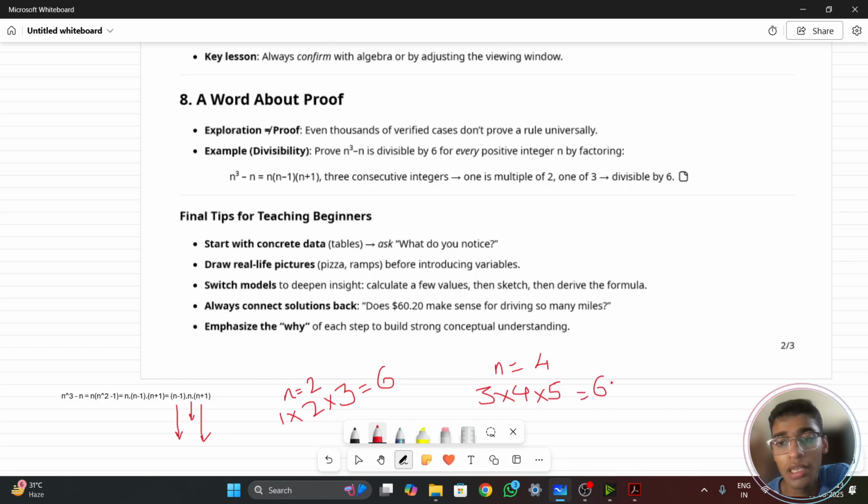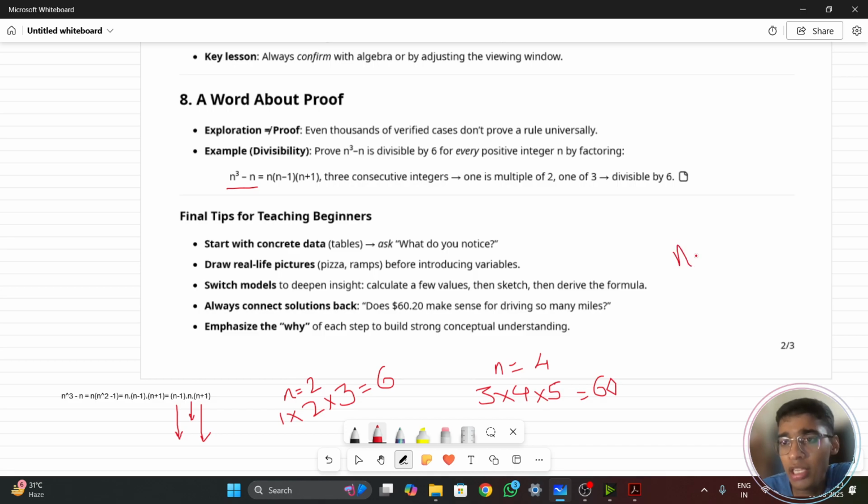So 60 is divisible by 6. You take any n in the world, for all n, this is correct: n cube minus n will always be divisible by 6. And how have you found it? You have found it by opening the relation, factorizing it, simplifying it, and running your brains on how this thing can be verified. And yes, this is verified.